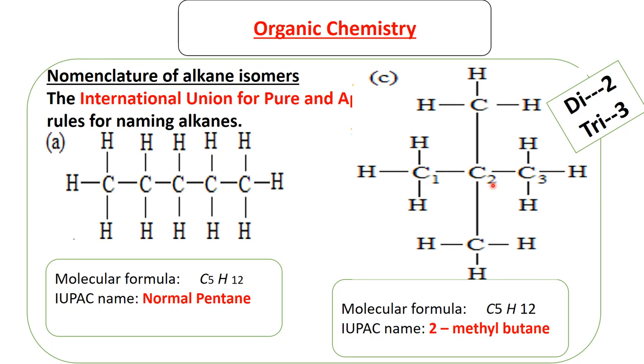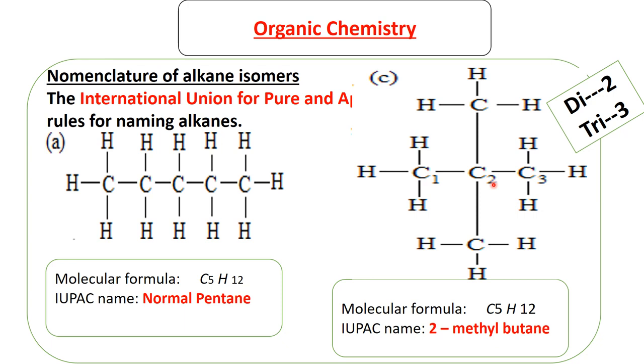The key points that I said I'll introduce are di and tri, which you put as a prefix to the name. And also, if the groups are on more than 1 carbon atom, or, like here, they are on this carbon atom but there are 2 groups, how do you show their positions? You just have to write the numbers of the carbon atoms where they are.